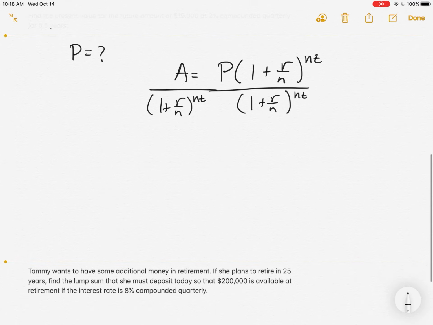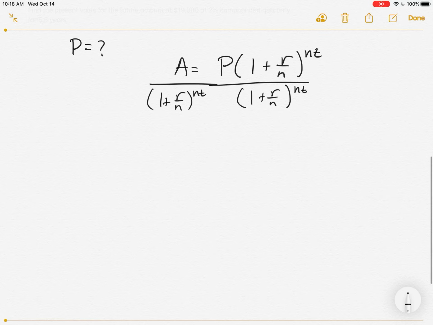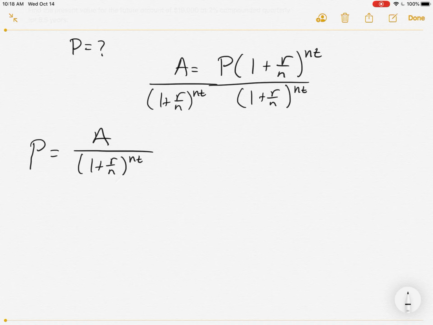So the present value then would be A divided by 1 plus R over N to the NT. We should be able to plug that into our calculator. We'll be really careful as we do so.